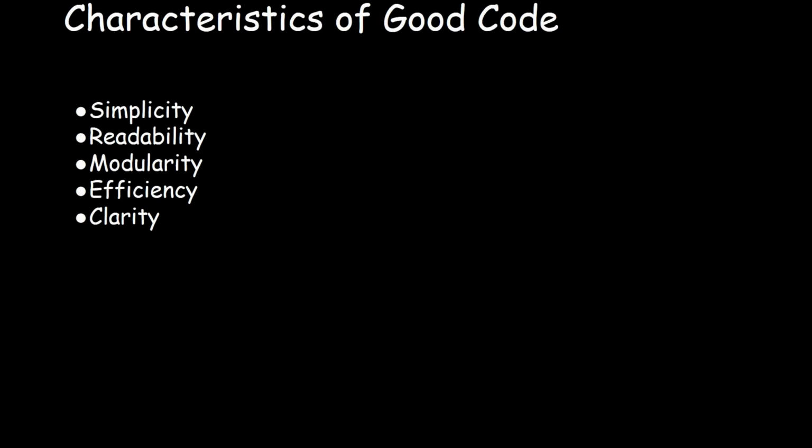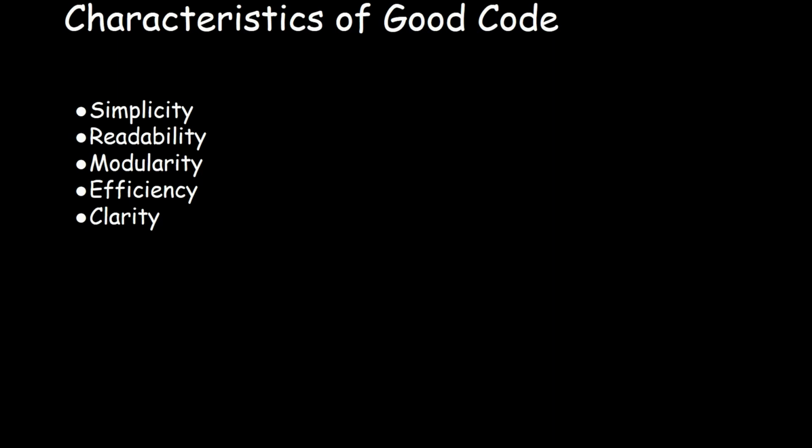When you start writing a code or a method or a class, be sure your code is simple enough, which is simplicity, readable enough, that means anyone can just read your code and understand what it's doing.